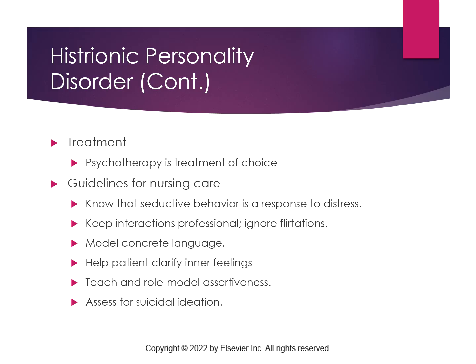And the guidelines for nursing care is to know that this personality disorder includes seductive behavior, and that's a response to distress. And then keep the interactions professional, ignore flirtations, model concrete language for them, and help the patient clarify their inner feelings, and then teach and role model assertiveness.